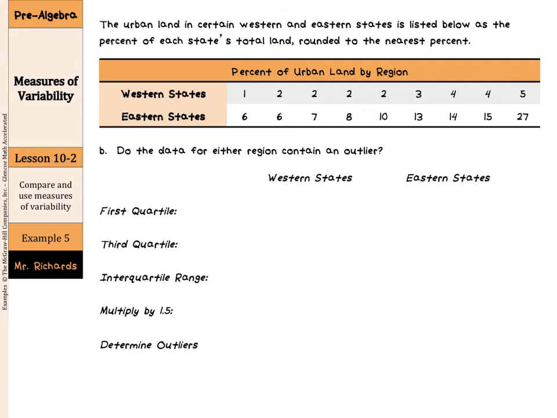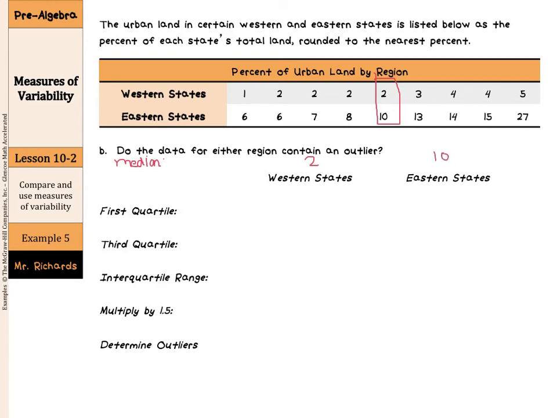So if we take 9 plus 1 is 10, divide by 2, that tells me my fifth term is going to be the median for both of these. So 1, 2, 3, 4, 5. Our medians are going to be right here. We don't have that listed, but we might as well say that our median here for the western states was 2, and the eastern states was 10.